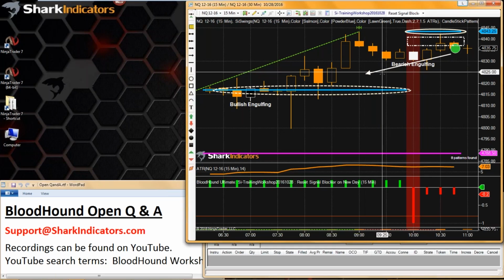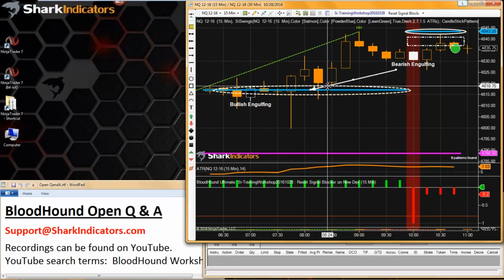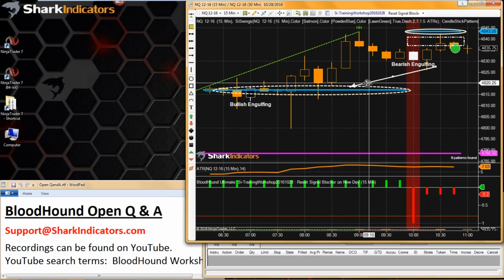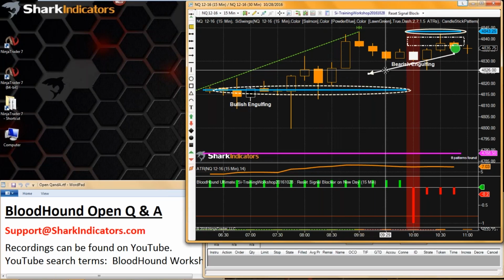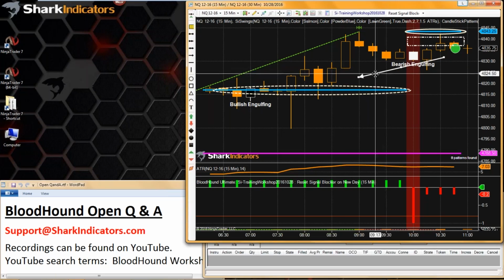So even if you're writing your own custom stuff, you have to specify how many bars back do I look. Or otherwise you just have to capture the value of the previous swing point plot. You can capture that and store it in a temporary variable. But BloodHound doesn't have temporary variables. You might as well be writing custom code if you wanted to do that.